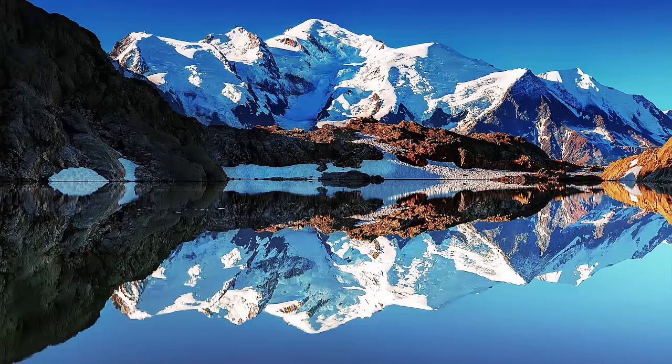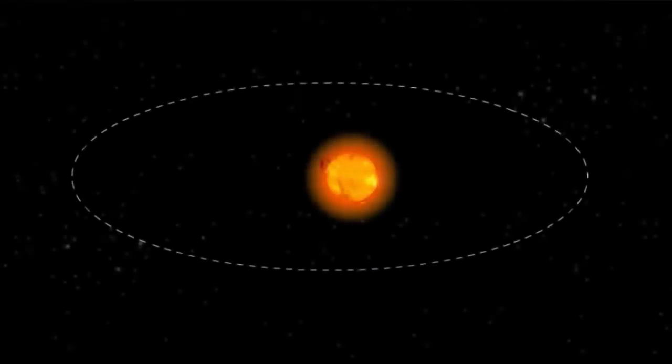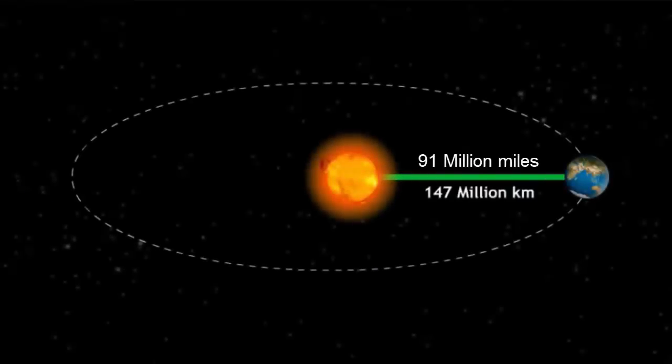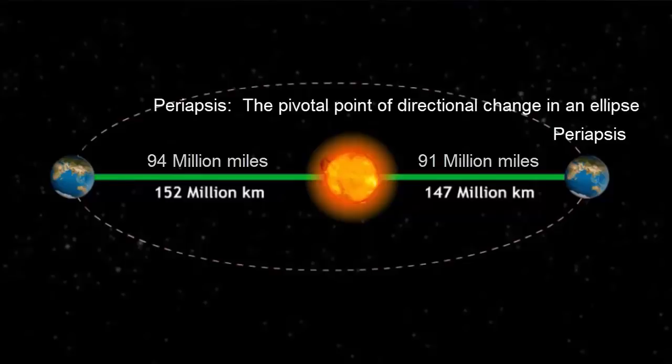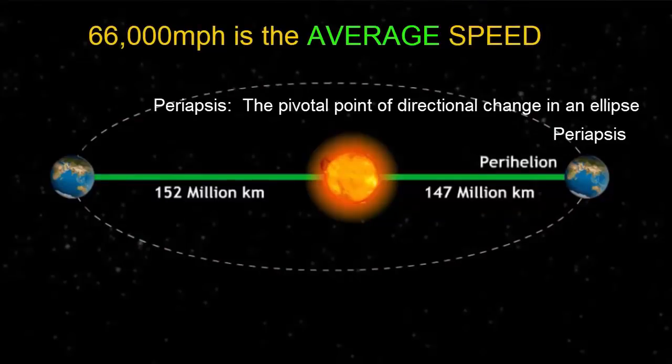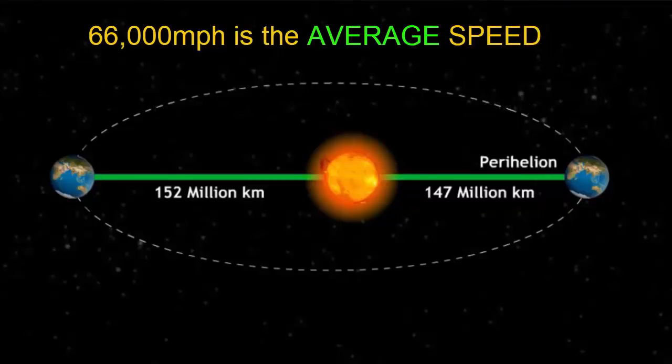The Earth supposedly just went through Periapsis. Periapsis of Perihelion is the point in the Earth's supposed orbit around the Sun where the Earth would reach its maximum orbital speed, as per Kepler's area law. Everybody's heard the 66,000 mile per hour orbital speed. That's an average speed. The Earth would speed up and slow down during the year. Let me read that again.